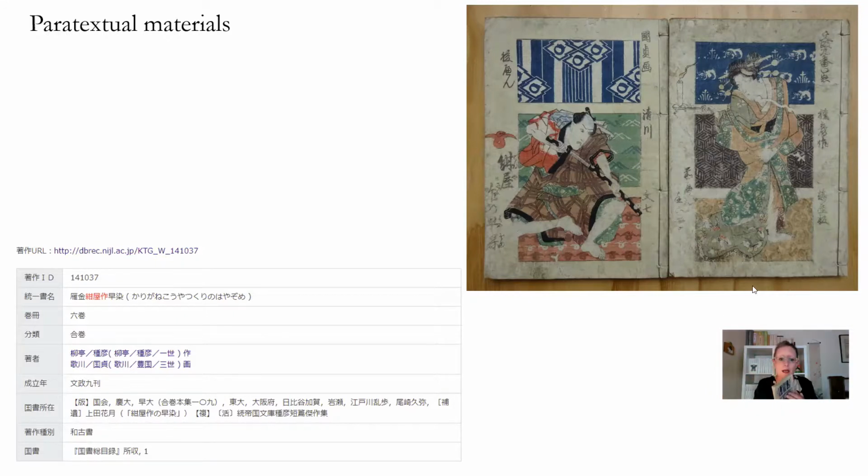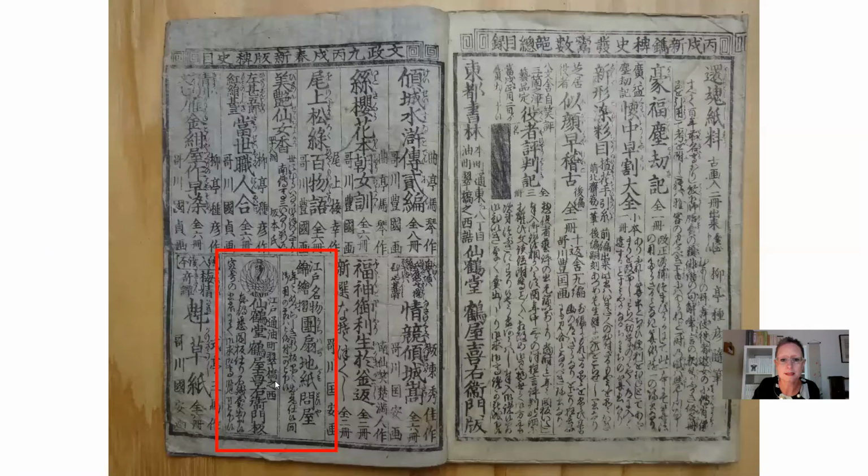In the copy of this Gokan that I own, and as you can see, there are many other copies available. The one at the Kokkai Toshokan is fully digitized. So if you're interested in this text, by all means do visit the Kokkai website.